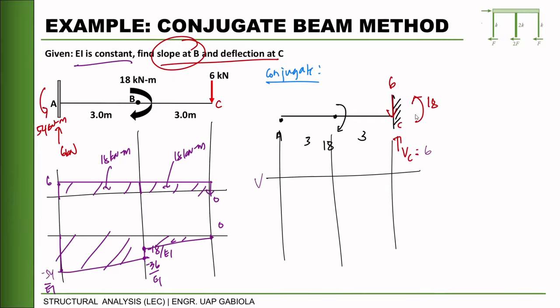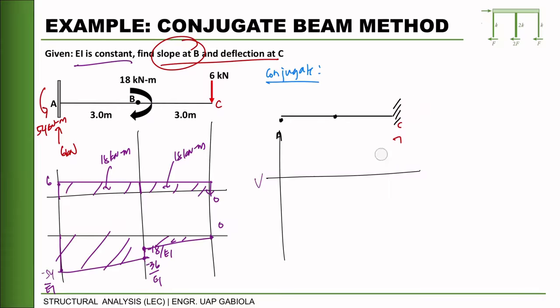Okay, I know my mistake now. So yung sa conjugate natin, mali yung loading natin. It should be the moment diagram already. We don't need this loading here. And wait.